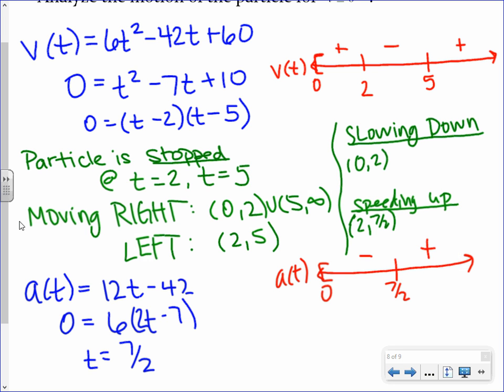Then we would have from 7/2 until 5. Our velocity is negative, but acceleration positive, so we're slowing down. And then you can see that after 5, both are positive, so we're speeding up.